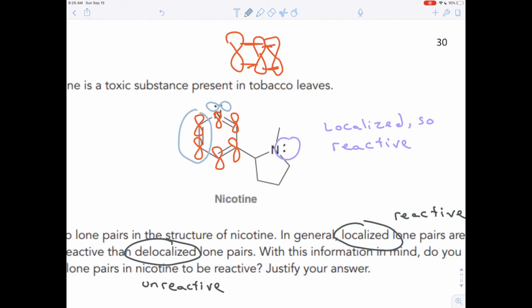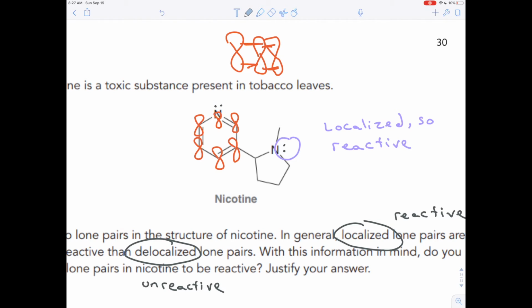Definitely not the ones that this is allylic to, right? And because the orbital would not line up with these other p orbitals, the electrons are not able to spread out and be involved in resonance like you would expect.